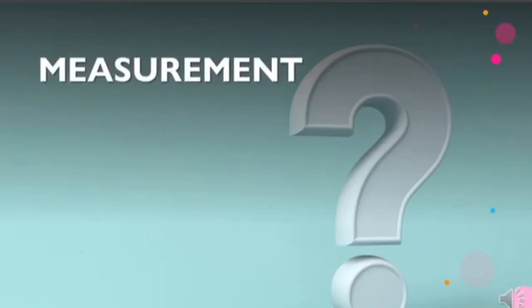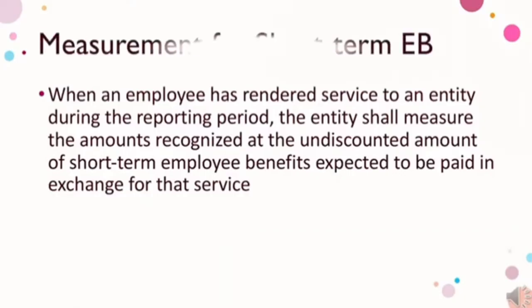We proceed to measurement. Measurement for short-term employee benefit. When an employee has rendered service to an entity during the reporting period, the entity shall measure the amounts recognized at the undiscounted amount of short-term employee benefits expected to be paid in exchange for that service.